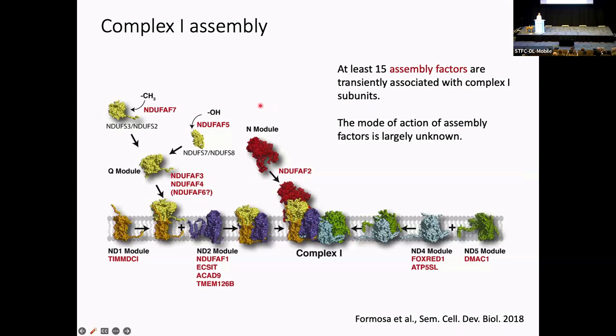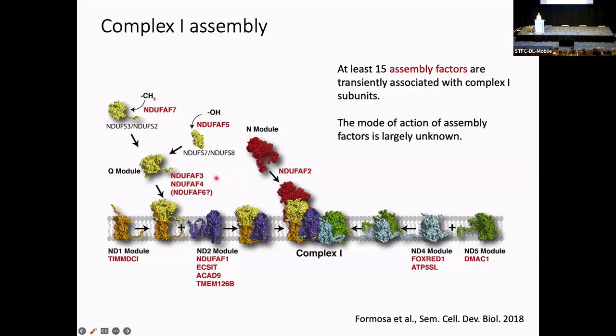So a lot is known about how these complexes come together from complexome analysis, and which assembly factor is associated with which subcomplex. But the molecular details of how this works are almost completely unknown. And this we set out to study a couple of years ago.